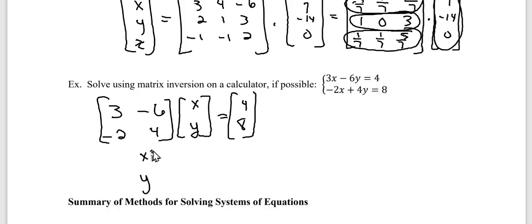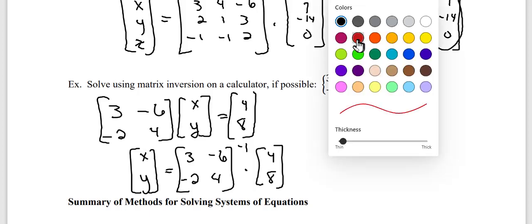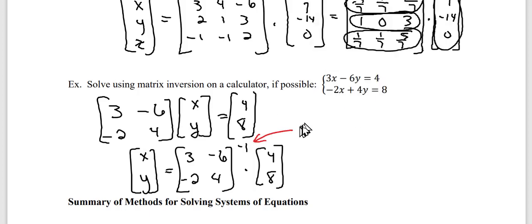That means xy is equal to 3, -6, -2, 4 inverse times 4, 8. You could throw this in your calculator, or you could use those row operations to get that inverse. What I will tell you is that this inverse does not exist.